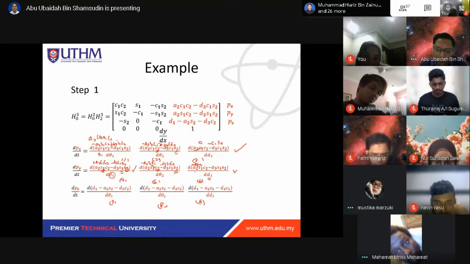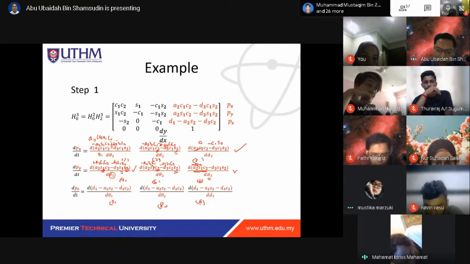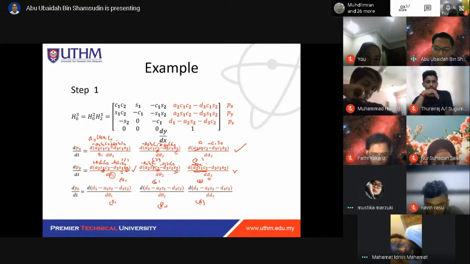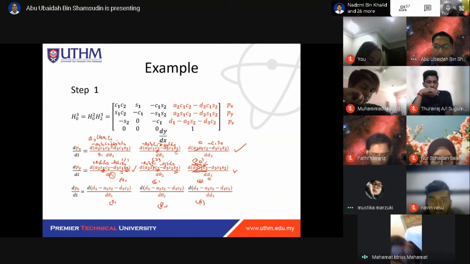Do we have D3 in this part here? Can you find? It would be negative negative A2 sine 1. So Muhammad, this one we don't have any D3 here. So if we differentiate with D3, this one will become 0. Okay. So how about this one?